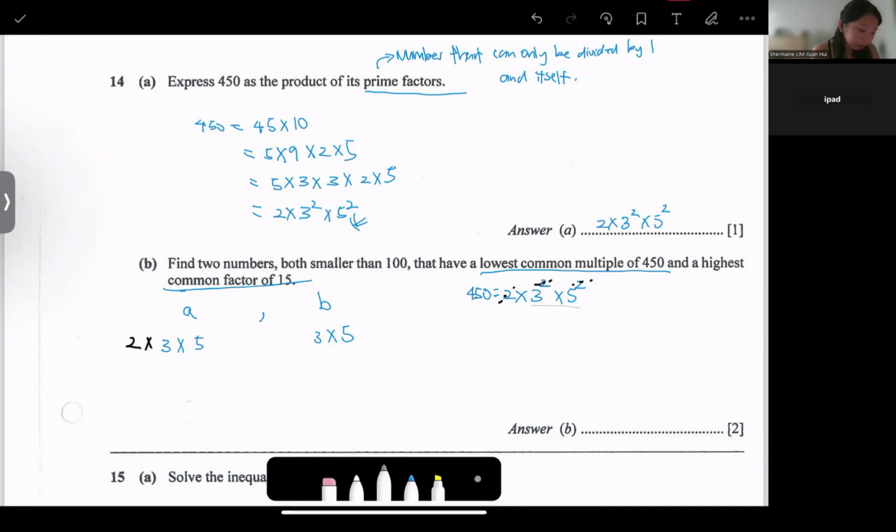So what if we split the 3 to here? Then we have 3 squared times 5. Then we still have a 5.